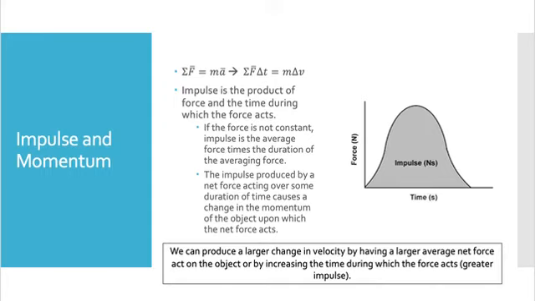The average net force acting over some time interval will cause a change in momentum of an object. We can interpret change in momentum to mean change in velocity, since in human movement most masses are constant. If we want to change the velocity of an object, we can produce a larger change in velocity by having a larger average net force act on the object, or by increasing the time during which the net force acts.